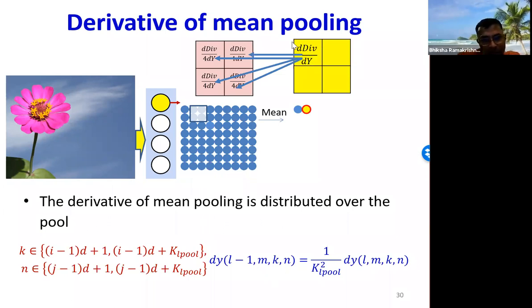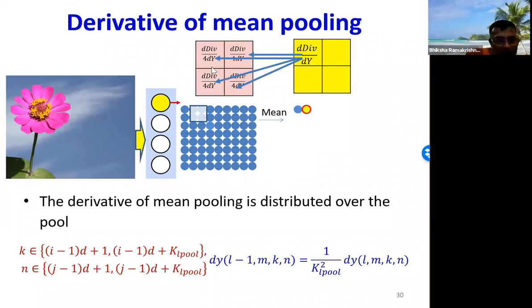So going backwards, we are going to split this derivative equally between all the terms that contributed to it. If you have dDiv over dy over here, there are 4 elements here. So you're going to get 1/4 of dDiv over dy being added to the derivatives at all 4 locations.